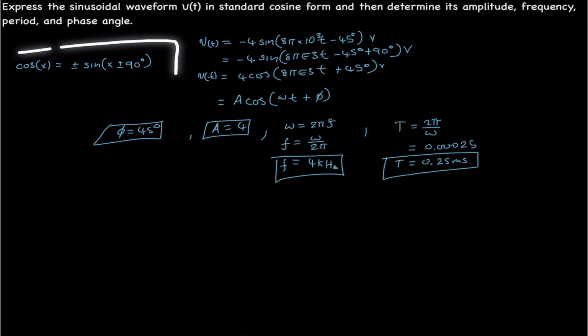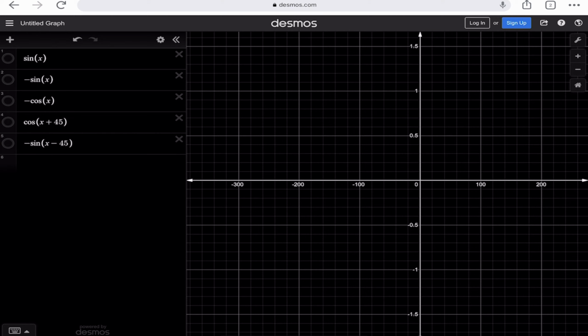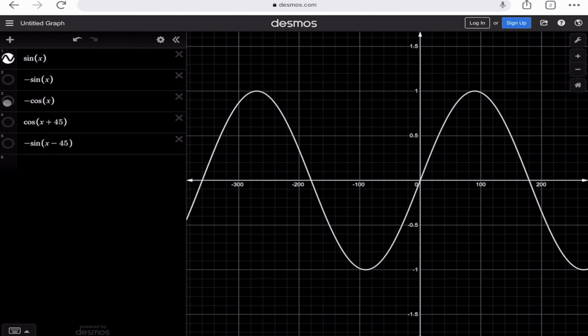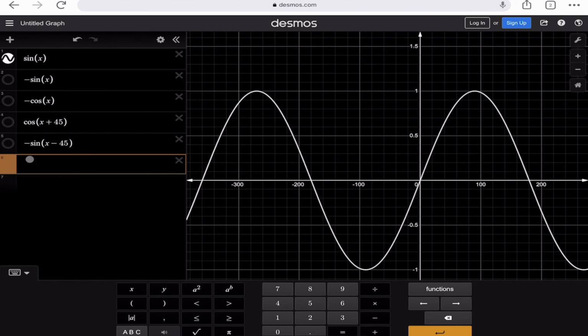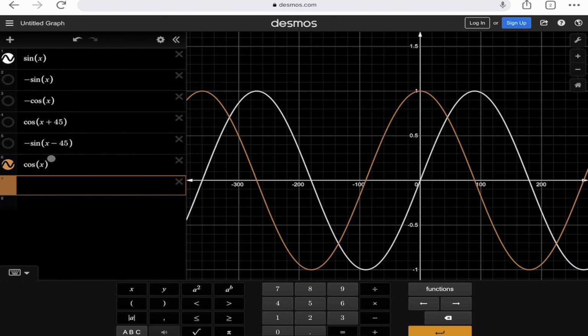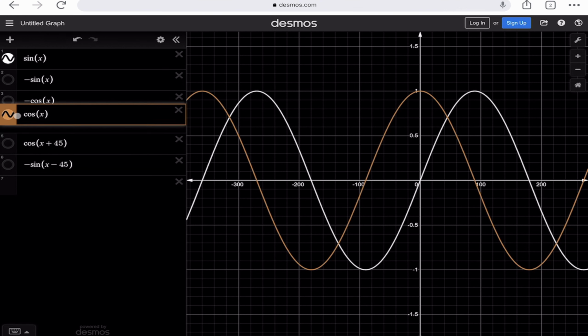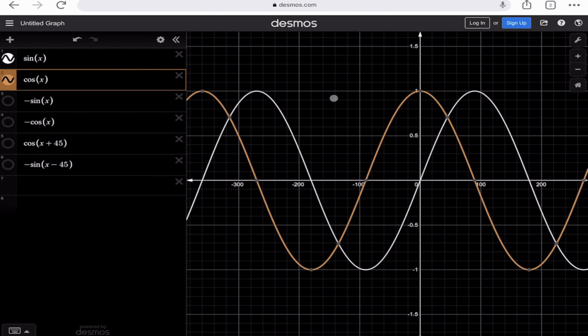To see how the identity works, let's go to Desmos. Here we can start off by talking about sine and cosine. I don't have a positive cosine, so let's get a positive cosine in. So we can look at sine and cosine. In our case, we want to get cosine, so let's use sine as our reference wave.